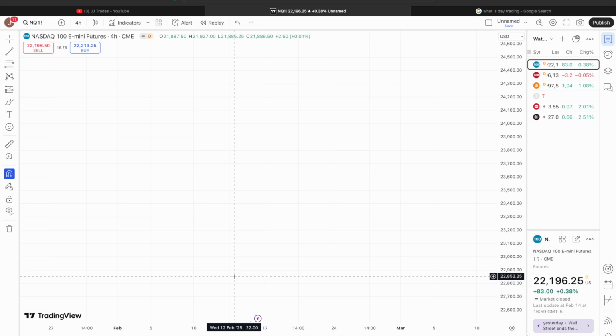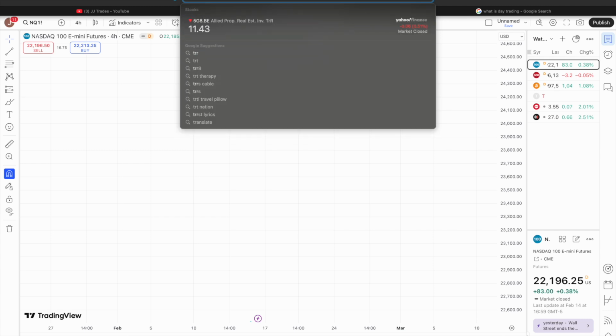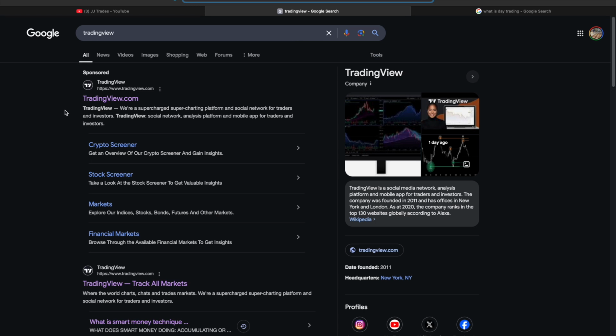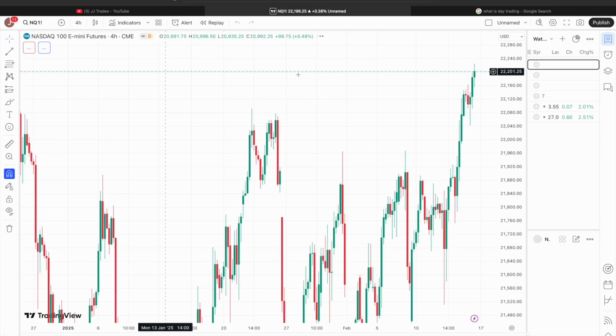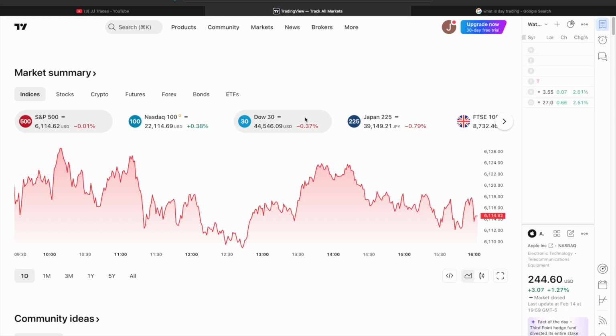So once you understand that and understand what you're actually doing, then we can get into how to get started. The first thing you're going to want to do is head over to tradingview.com. This link here is tradingview.com. Click that, and it'll take you to this page right here.